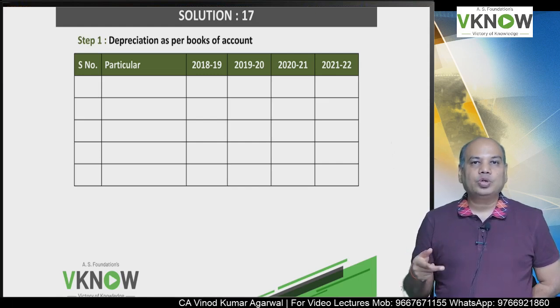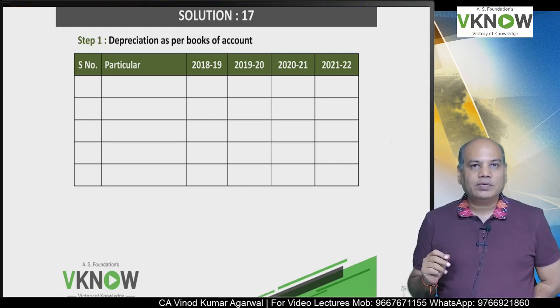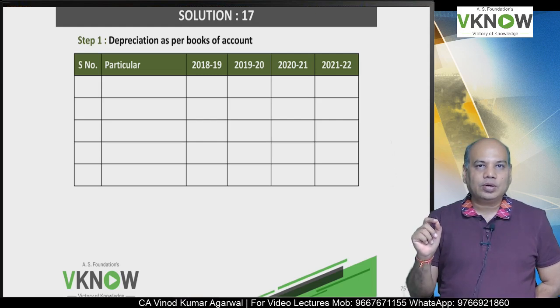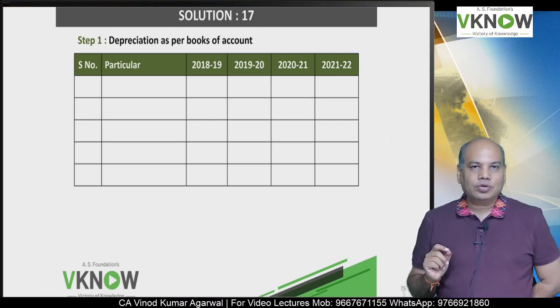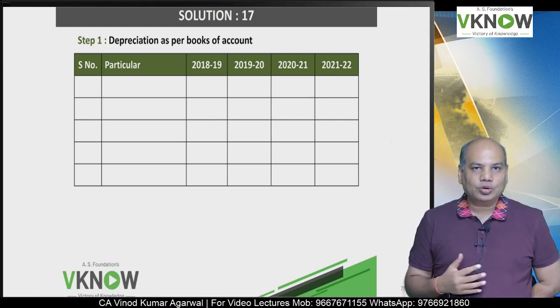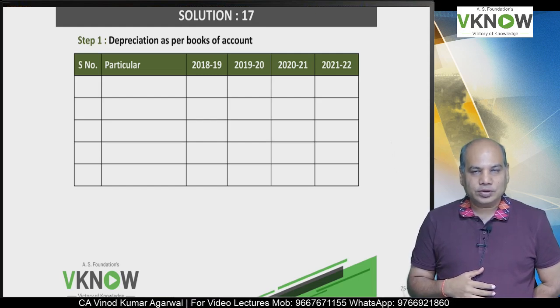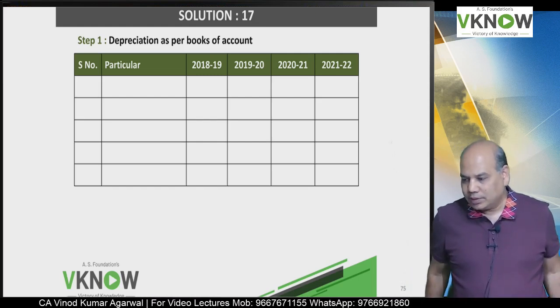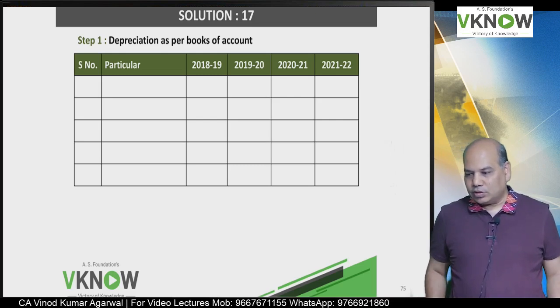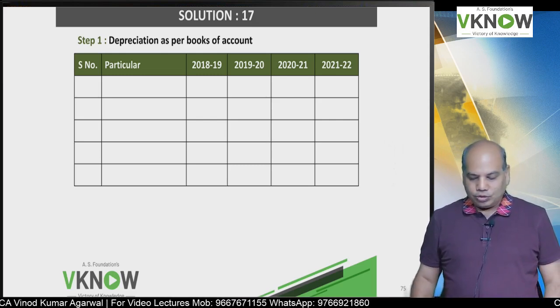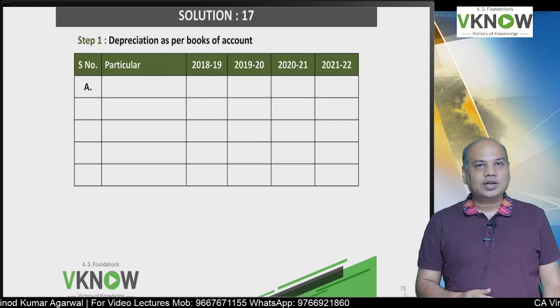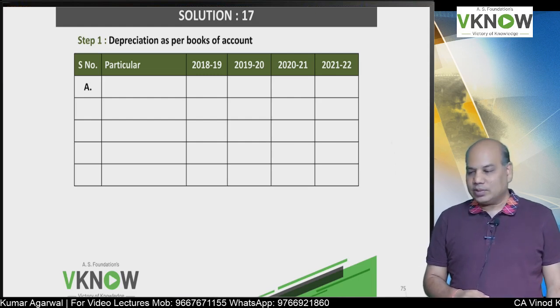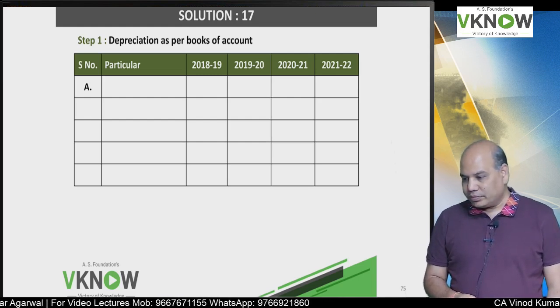But to compute deferred tax, I will require carrying amount versus tax base. So I will have to prepare one working note on tax base also. Is it right? So let us write down depreciation as per books of account, like you used to do in your 12th standard classes. I remember there was a chapter on depreciation.